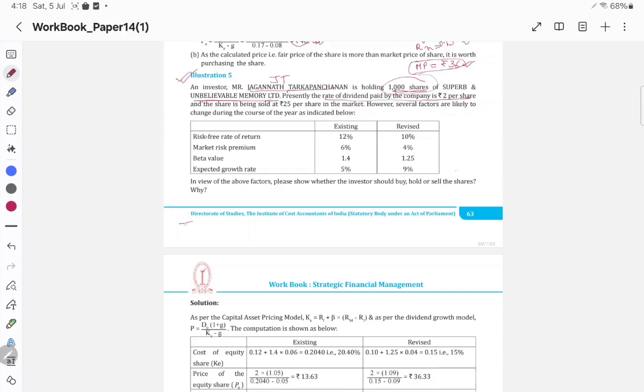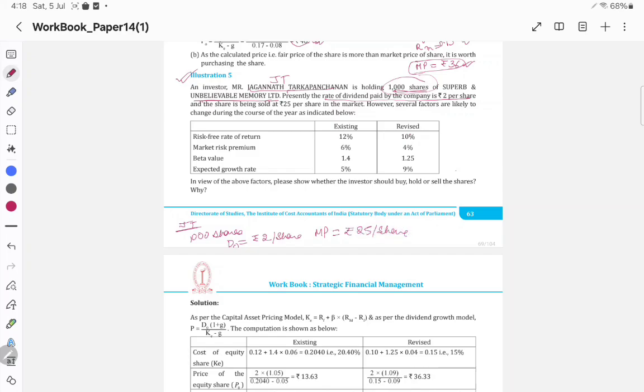He has 1000 shares of the company, and the dividend which the company is presently paying, that is D0, is rupees 2 per share. Okay, and the market price at which it is sold is 25 per share.